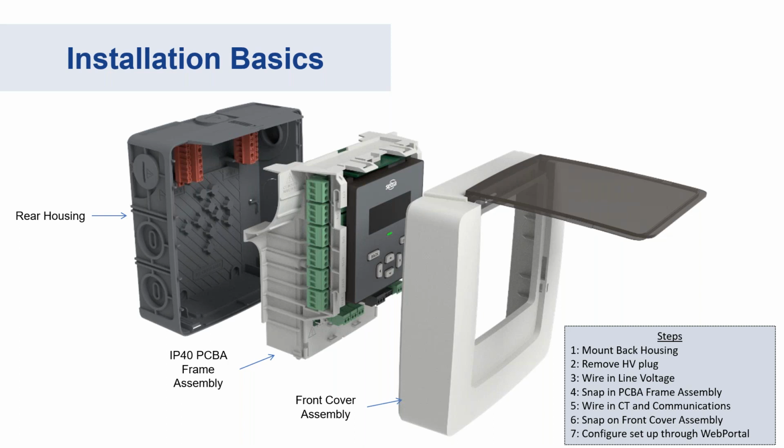And then that middle PCBA frame assembly that snaps into the rear housing, and it's that rear housing which is UL rated for the high voltage inputs. So when that PCB assembly snaps in, it locks into place so that there is no risk of injury due to accidental access to the high voltage lines that are there.